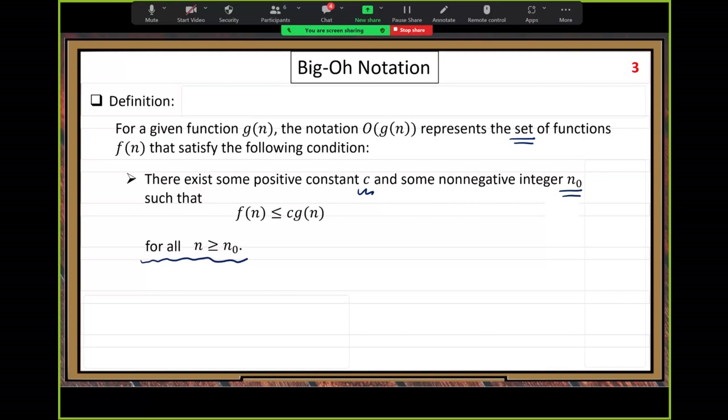So next time, because today we have run out of time already, at the beginning of the class, I need to spend some time to help you understand this definition well. There are some hidden meanings, and I need to point them out in this definition to get better understanding.